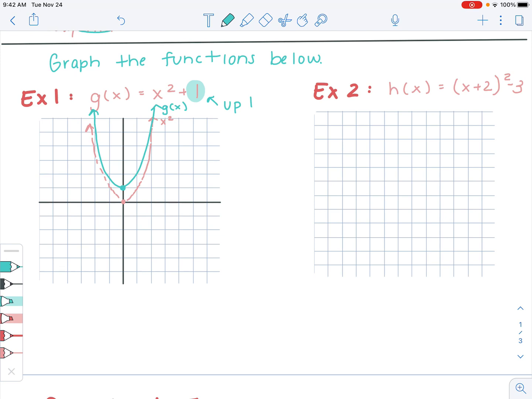I'm going to do the same thing for the second one. The plus 2 on the inside of the parent function is going to move it left 2. The minus 3 on the outside is going to move it down 3. Again, I like to always draw my parent function first and then physically move the vertex of my parent function to its new location.